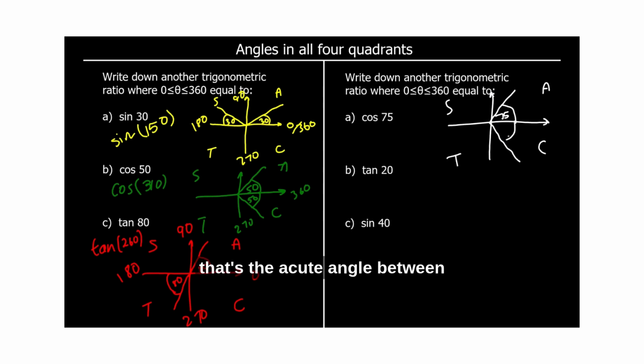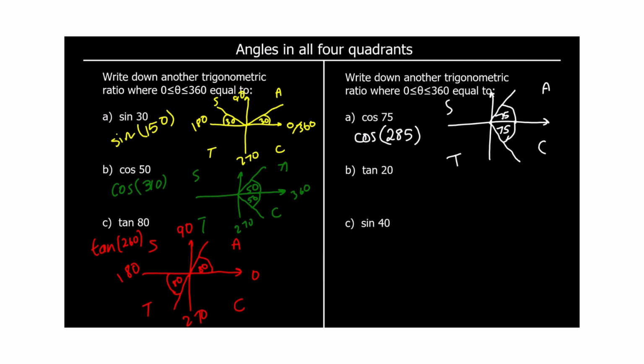So the acute angle between the x-axis and the line is 75 again. It's 360 take away 75, which is 285 degrees.